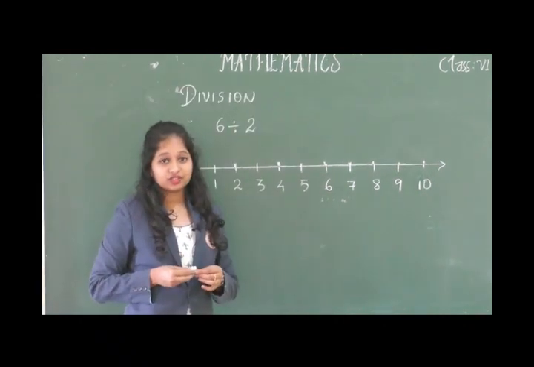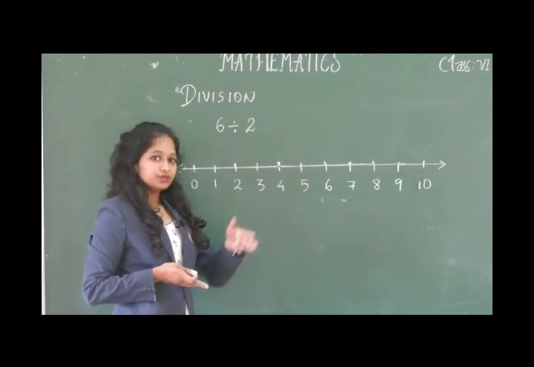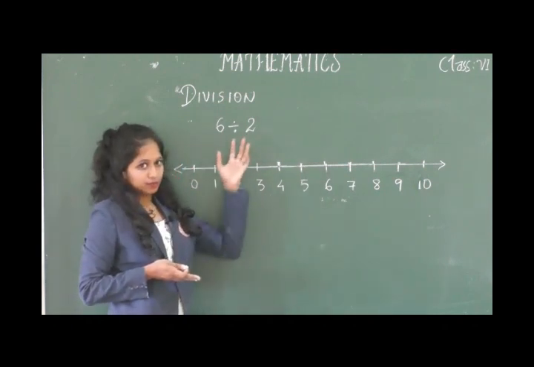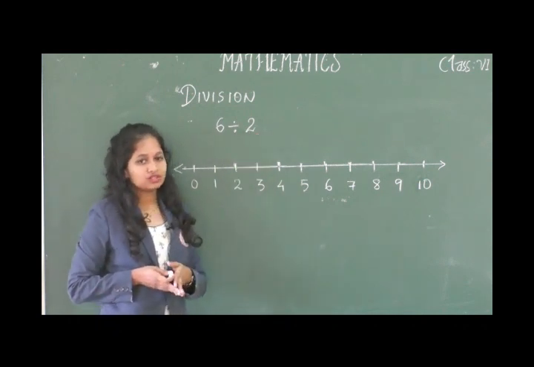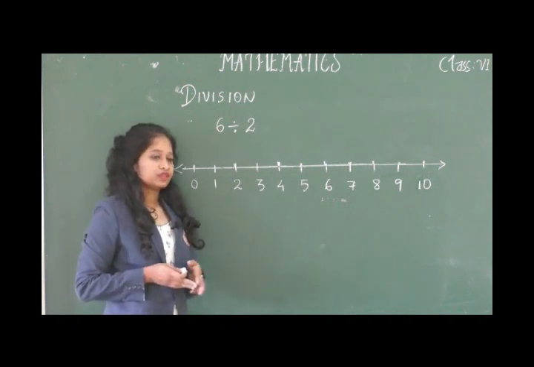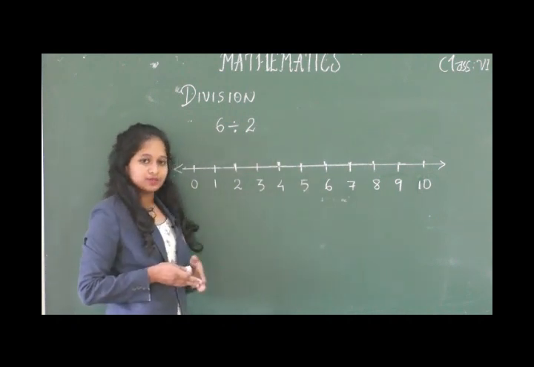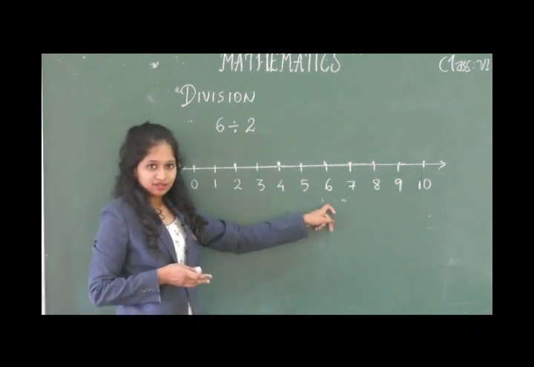In case of division, what we have to do? We have to look at the numbers. Here it is 6 by 2. 6 by 2 is 3. That means we have to jump 3 times. How to do that? Look at the number 6.